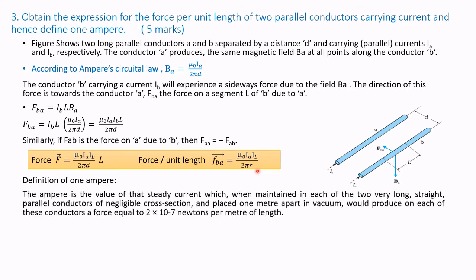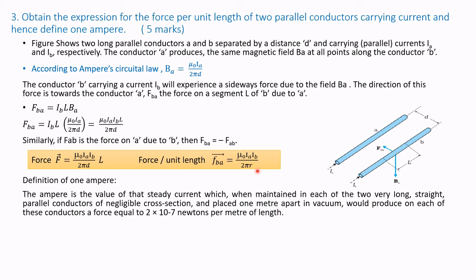The ampere is the value of that steady current which, when maintained in each of the two very long straight parallel conductors of negligible cross section and placed 1 meter apart in vacuum, would produce on each of these conductors a force equal to 2 into 10 to the power of minus 7 newtons per meter length.